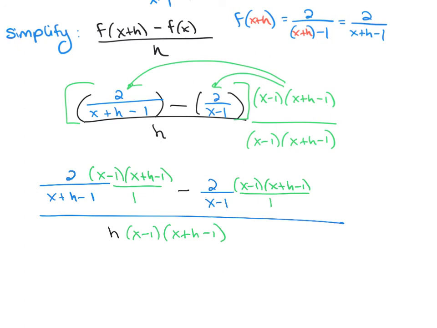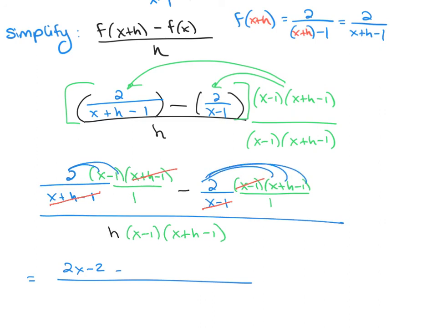So in the first fraction, x plus h minus 1 cancels with the x plus h minus 1, and all we're left with is 2x minus 2. Cool. In the second term, the x minus 1s cancel, and when we distribute the negative 2 through, we get negative 2x minus 2h plus 2.